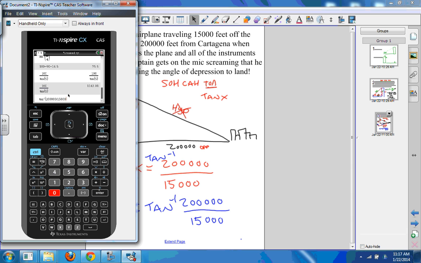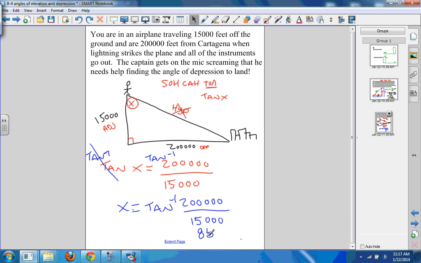We get this big complex looking thing, don't worry about that. Hit Control Enter and we get 85.71 degrees. 85.71 degrees is going to equal x. 85.7 degrees is what we're looking down on there. Alright, hopefully you got the same answer. We'll see you next time.